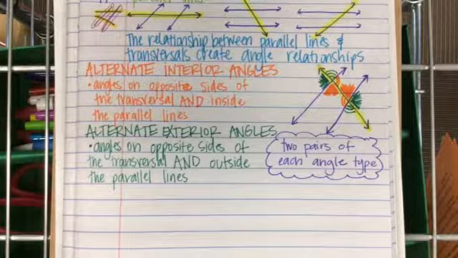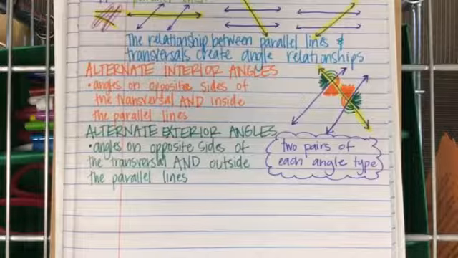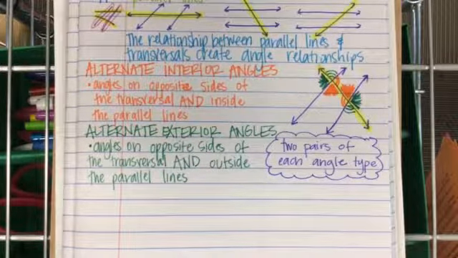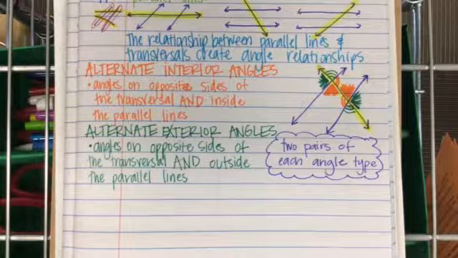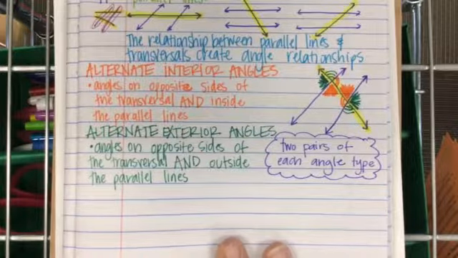Are you talking about the acute pair or are you talking about the obtuse pair? What helps you see it? If you're having trouble seeing it, what can you do? What's a hint? Make sure you turn it so that your parallel lines are horizontal.